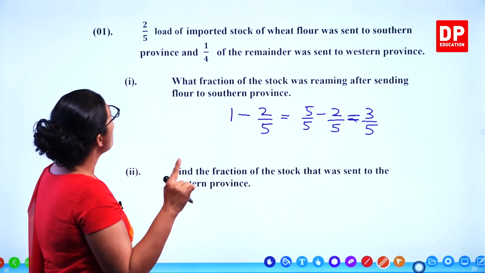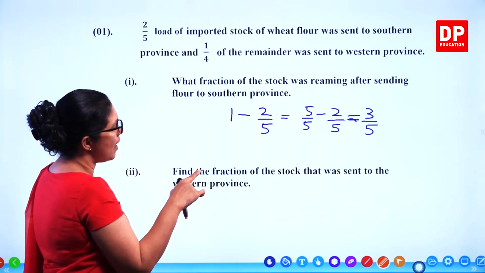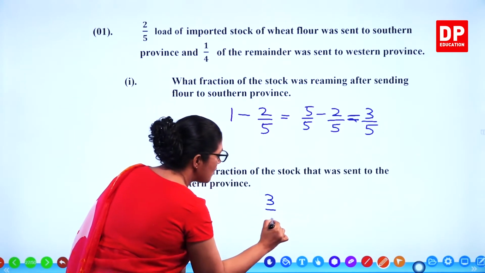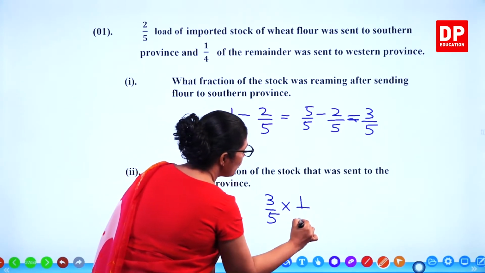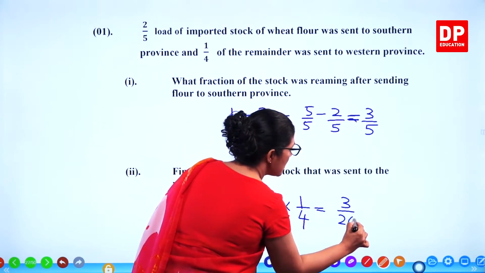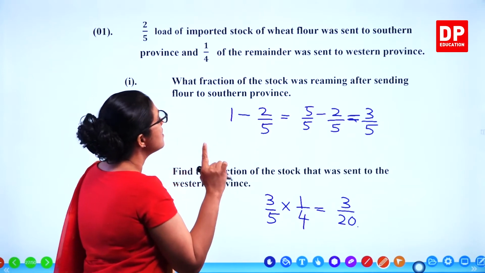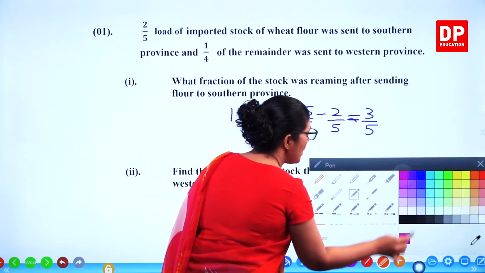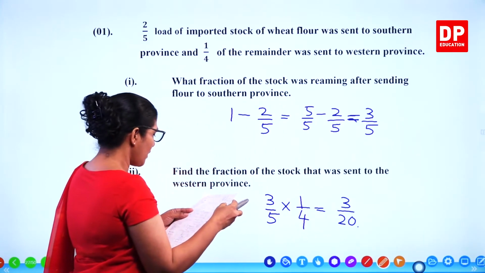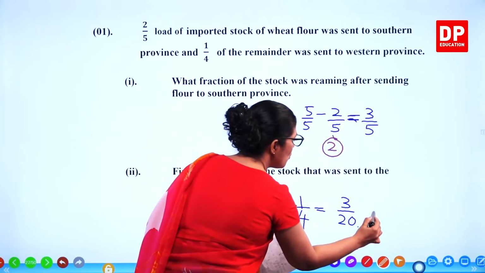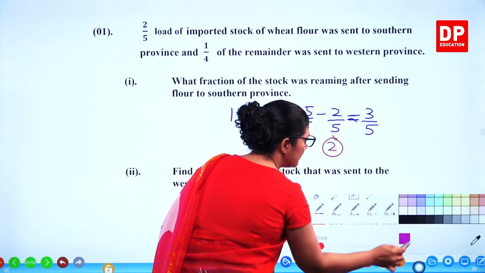It says 1/4 of the remaining part was sent to western province. 3/5 is the remaining part, 1/4 of that gives 3/20 sent to western province. How many marks? You get 2 marks for the first part and 2 marks for the second part as well.